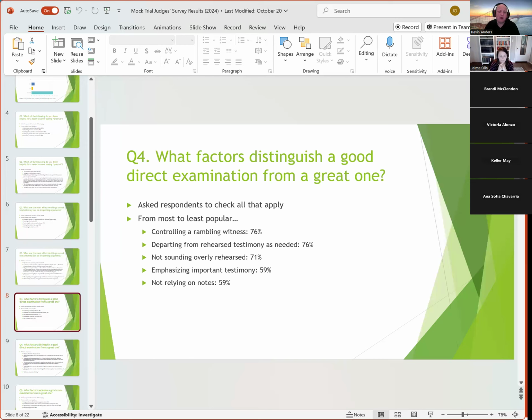And then departing from rehearsed testimony as needed, because the witnesses memorize their witness statements and go up to the witness stand. So the witness knows them, the attorney should know them, the other side knows them.